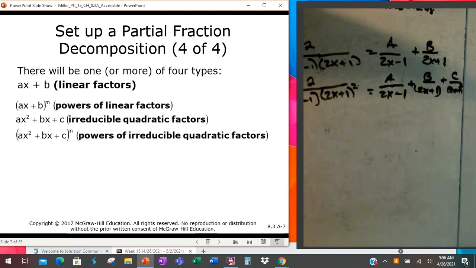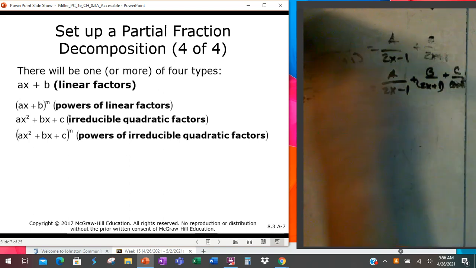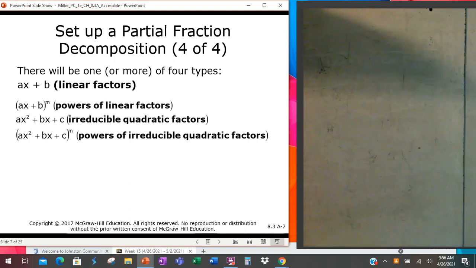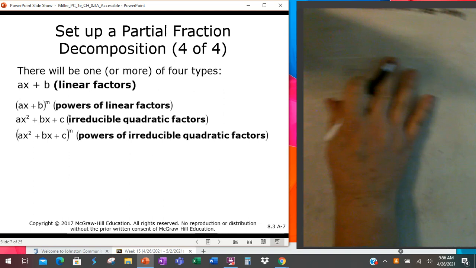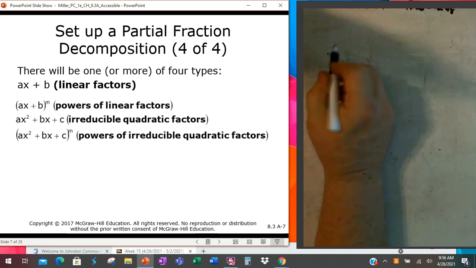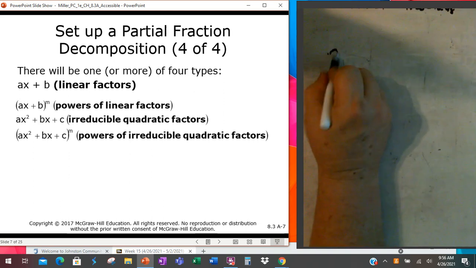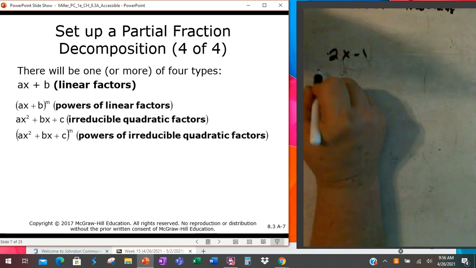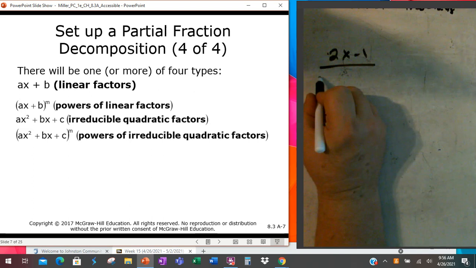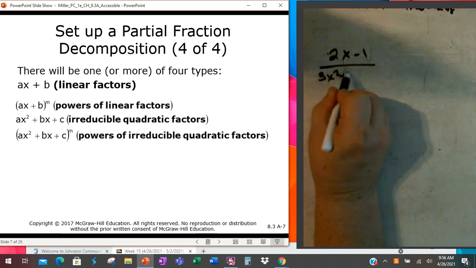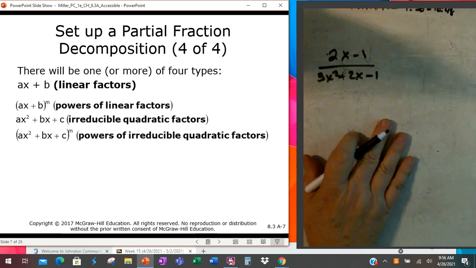Okay. And then I could also have an irreducible. And if I have something like, let's just go 2x minus 1, and I had some irreducible 3x squared plus 2x minus 1. Okay.